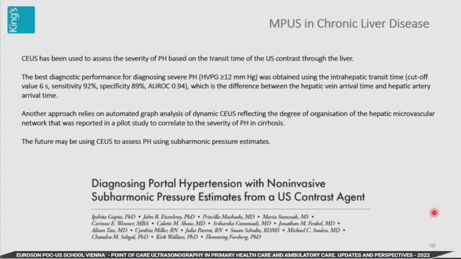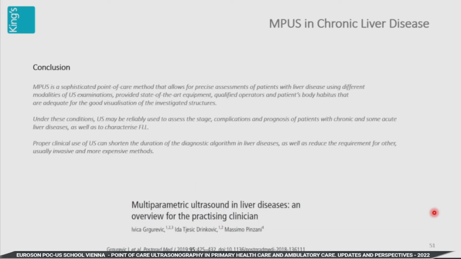So what I've shown you is that you now almost have a one-stop imaging technique for your patients with liver disease, which tells you everything, with one more thing being portal hypertension, and then you've got a complete assessment on ultrasound of that patient.